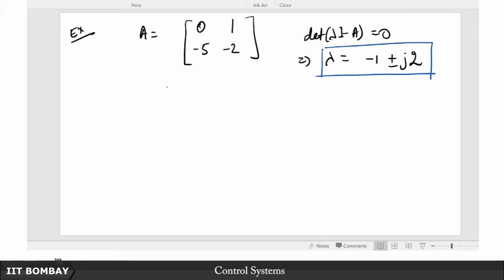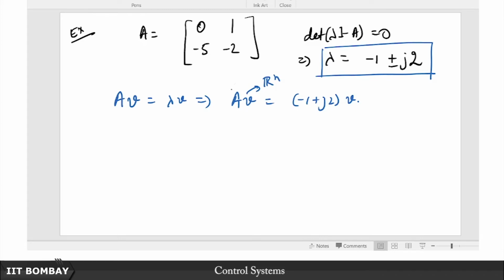Now notice that if you try to find A V equal to lambda V, then you have A times V equal to minus 1 plus j2 times V. Now note, if you choose V to be a purely real vector in R^n, then this will have no solution other than the trivial solution. Why?